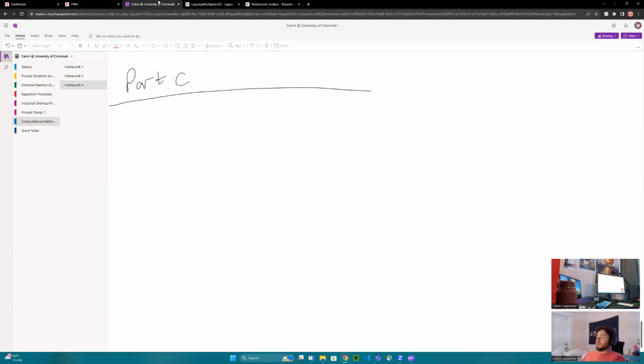So, starting off, say we have a function f of x that we want to minimize, but we can only minimize it using g of x, which is our constraint.